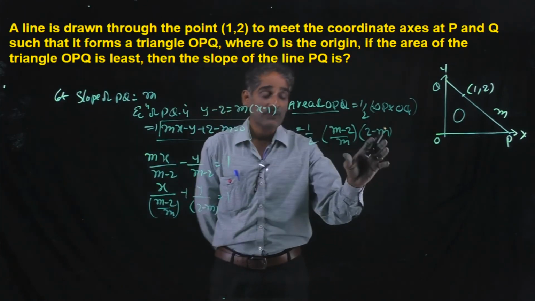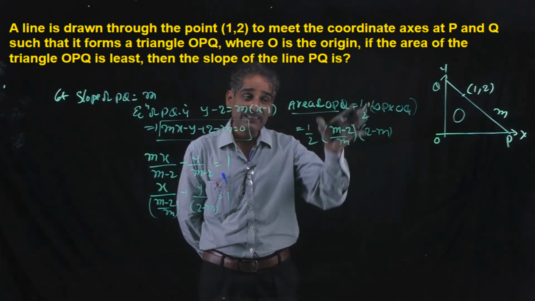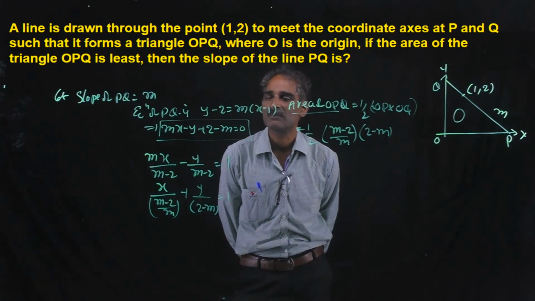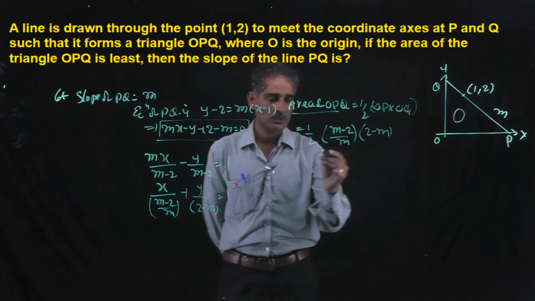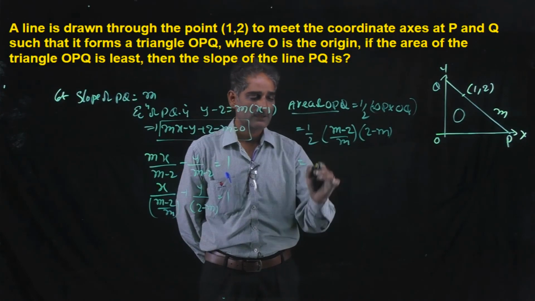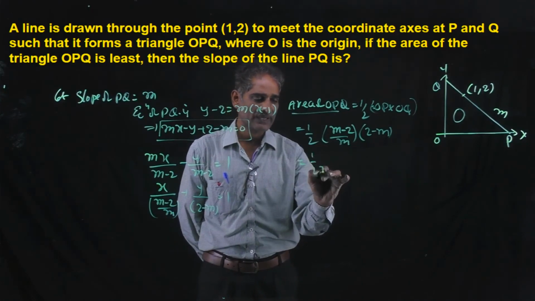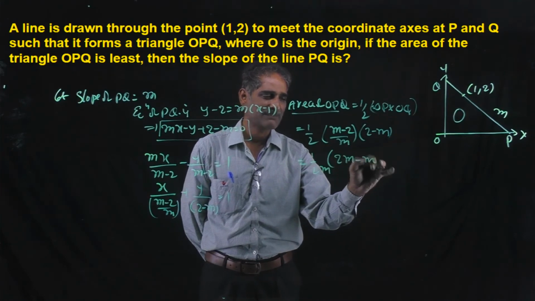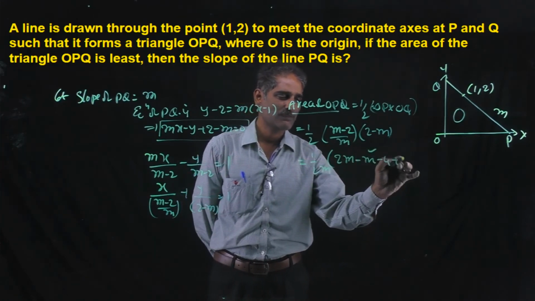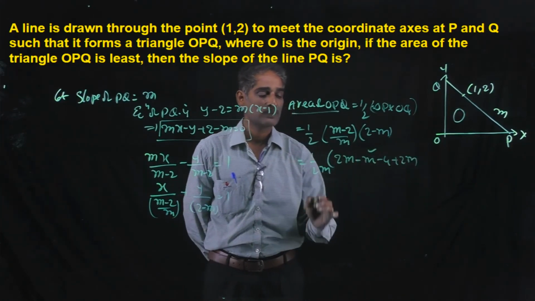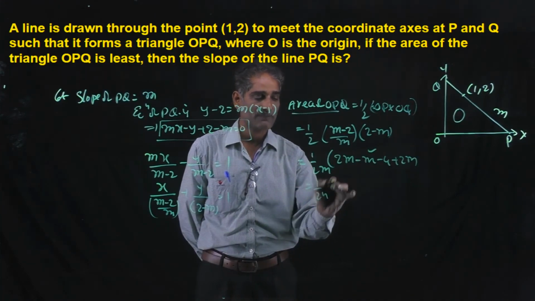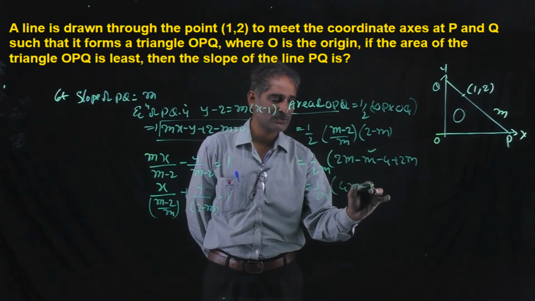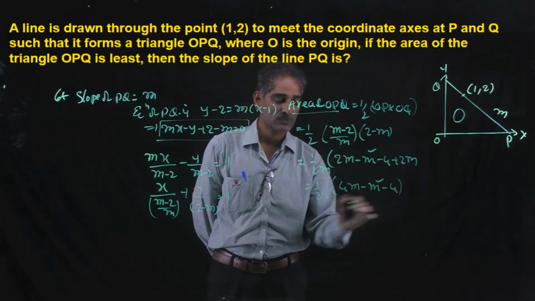Now here we have to find the m value when the area of this is minimum. Okay, so now try to simplify it. So 1 by 2m into (2m minus m square minus 4 plus 2m). So 1 by 2m into (4m minus m square minus 4).